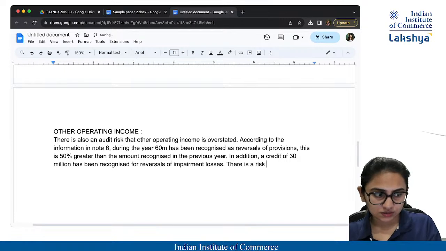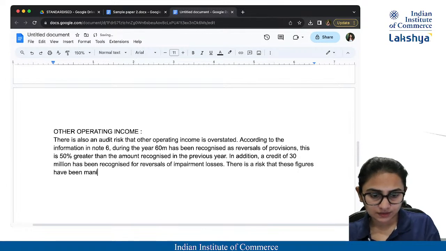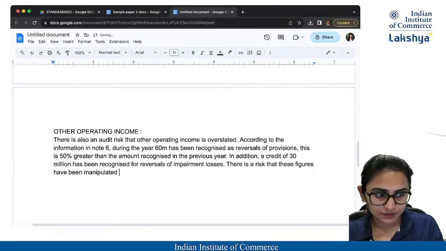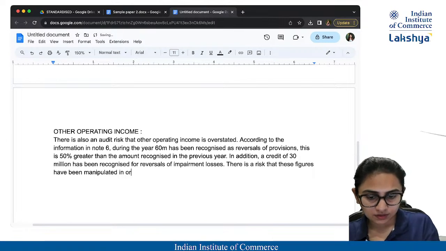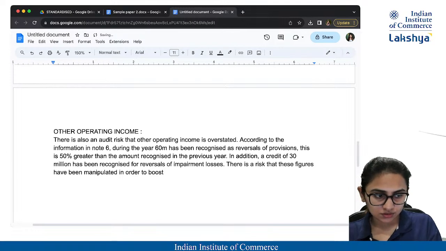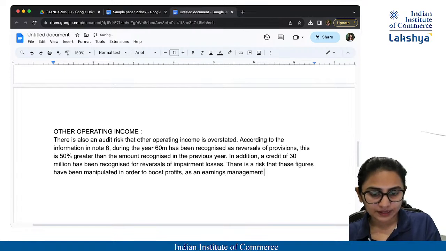There is a risk that these figures have been manipulated in order to boost profits as an earnings management technique.